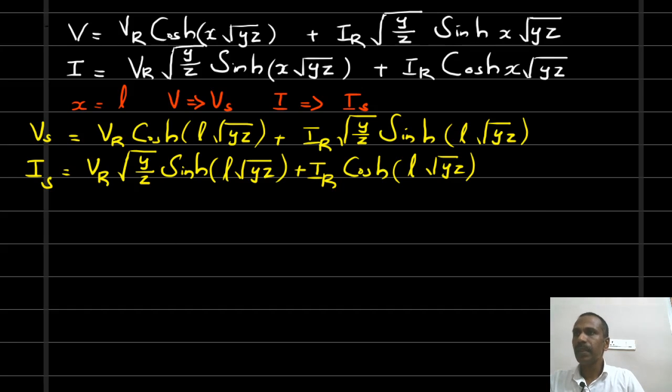Here this length L can be brought within the root. You should remember L into Y equals, Y is the admittance per meter, L is the total length. We'll get the total admittance of the line. Similarly, L into impedance per meter will give total impedance of the network.